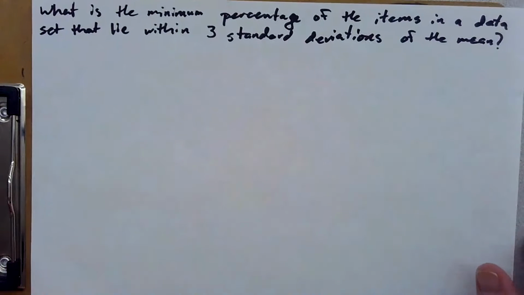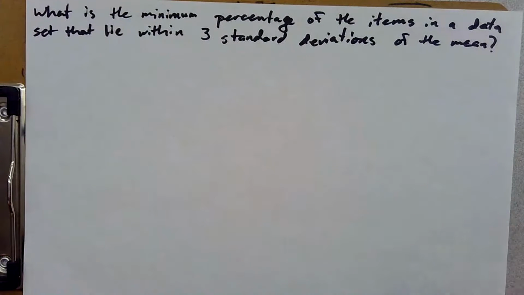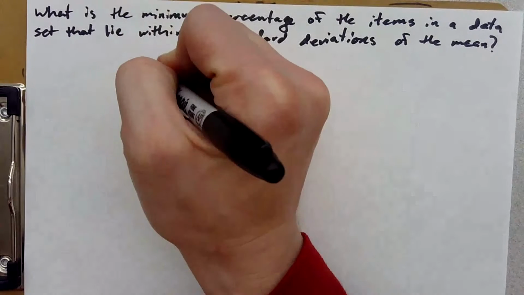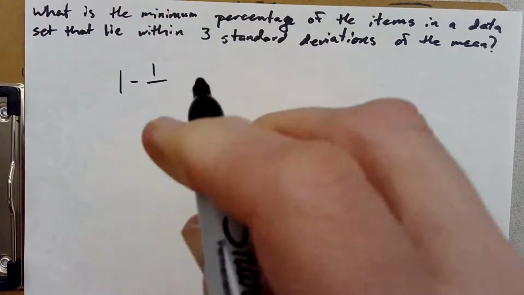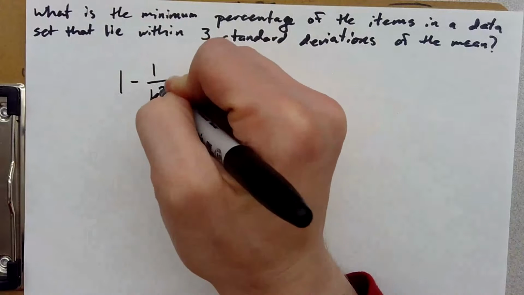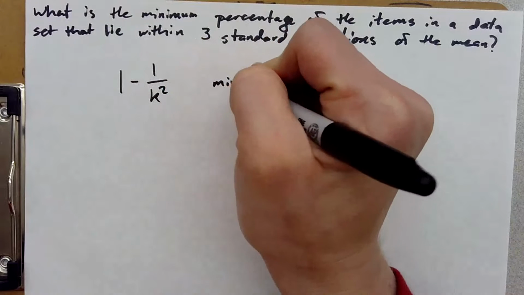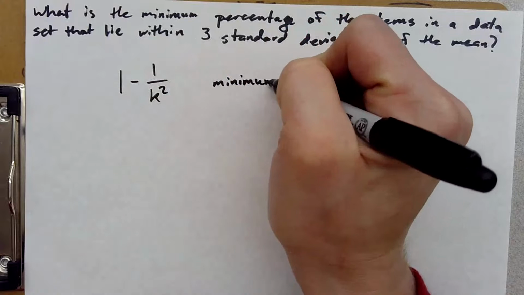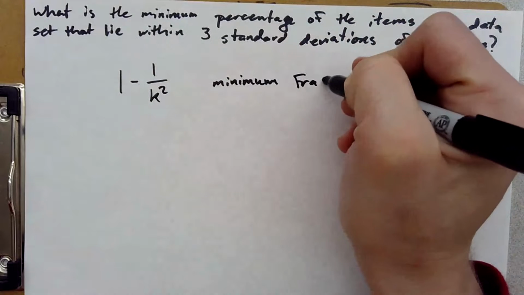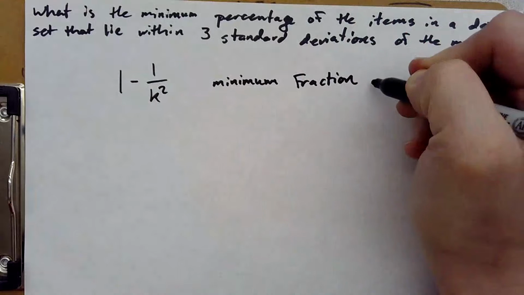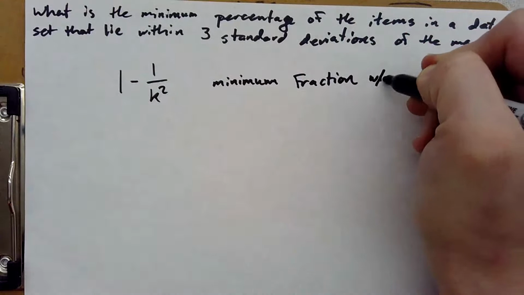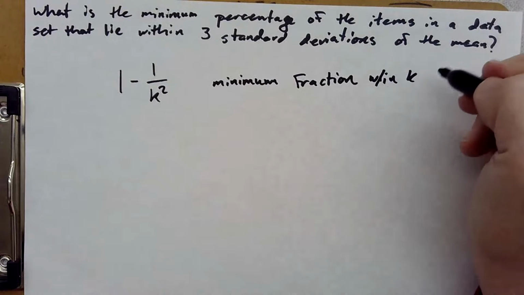Now we're talking about Chebyshev's theorem. We're asked, what is the minimum percentage of the items in a data set that lie within 3 standard deviations of the mean? Well, that means we've got this formula for Chebyshev's theorem: 1 minus 1 over k squared is the minimum fraction within k standard deviations.